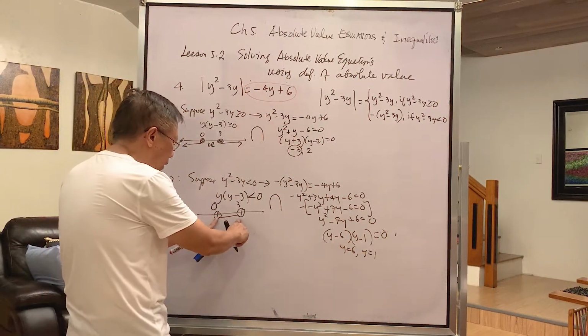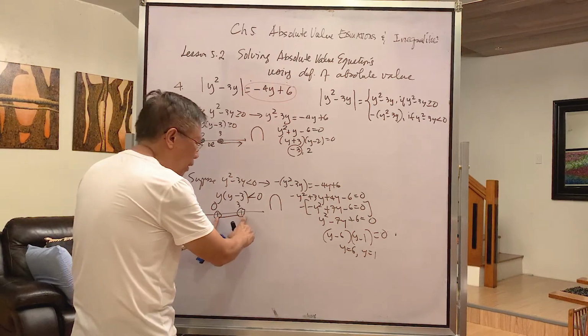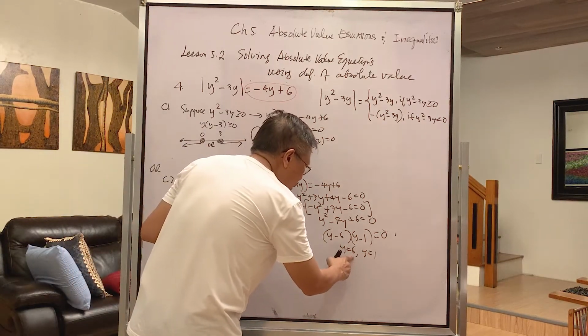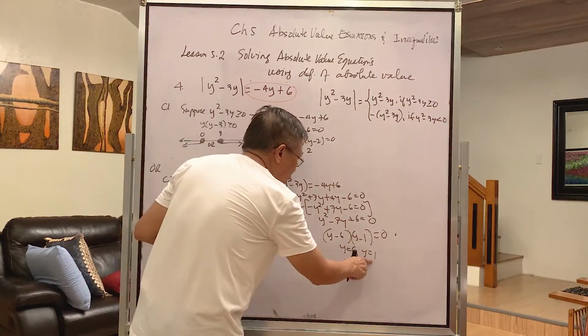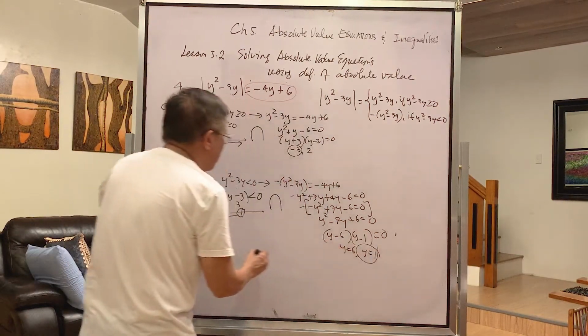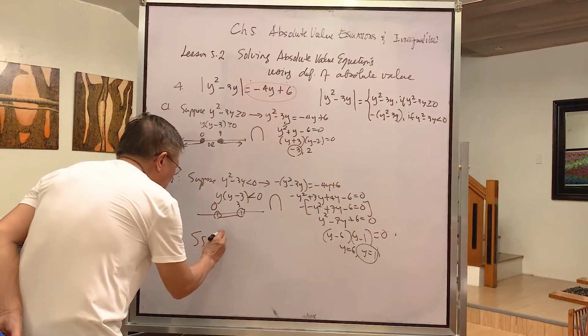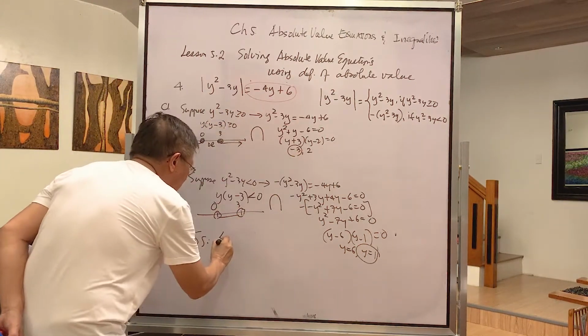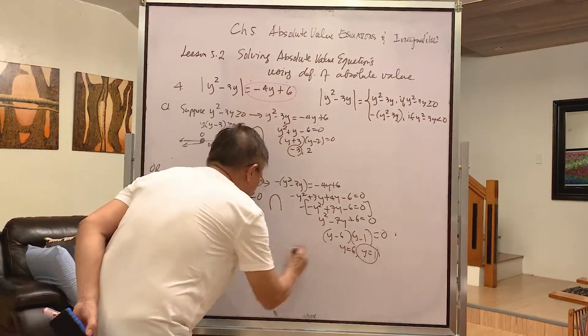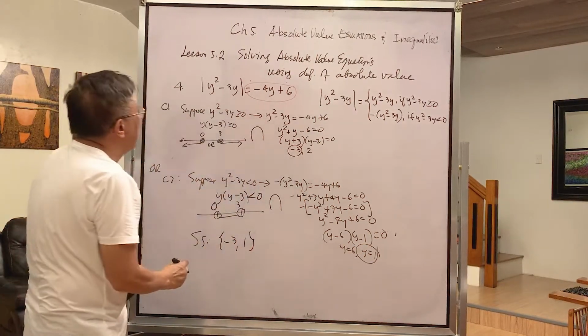If we intersect this interval, 0 to 3, and this one, there's no intersection. But 0 to 3 and that one has this as an intersection. Therefore, our solution to this inequality will only be what? Negative 3 or 1 there.